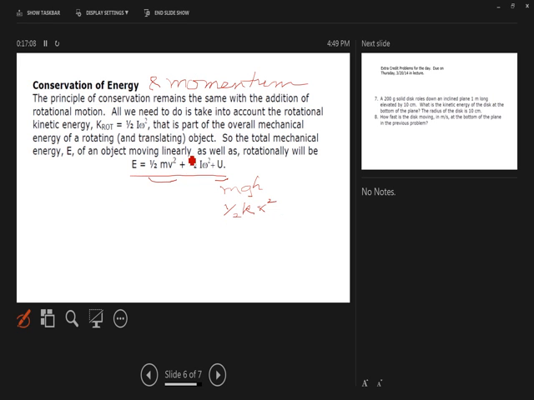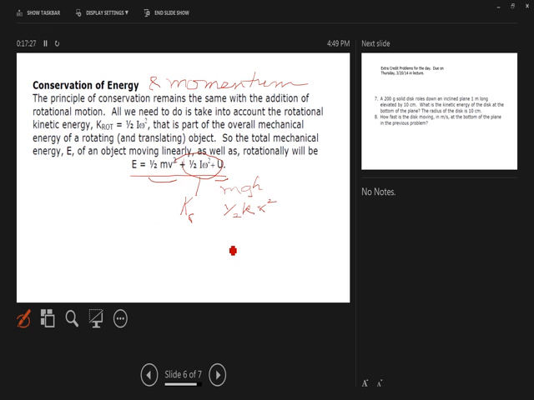But the new term in here is the energy associated with the rotational motion, rotational kinetic energy, 1/2 I omega squared. You can call that k sub r if you want.